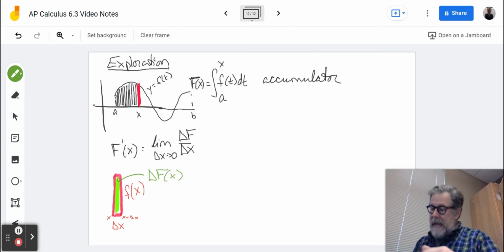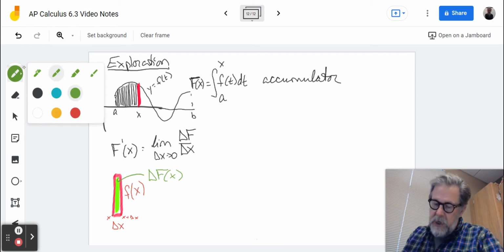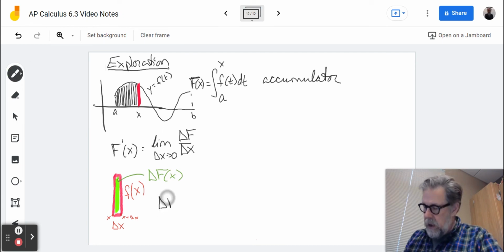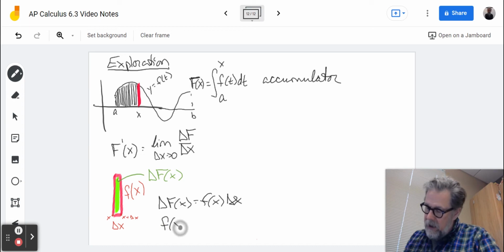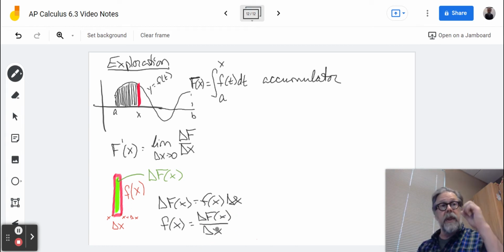So what that means is that the change in my function is equal to the height times the width, which means that the height of my function f of x is equal to the change in the accumulator over the change in the width.